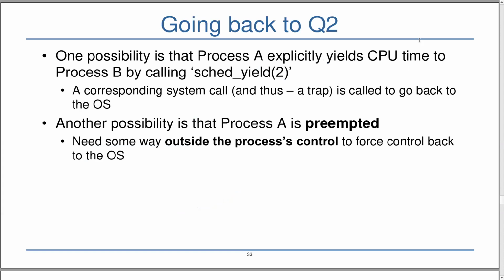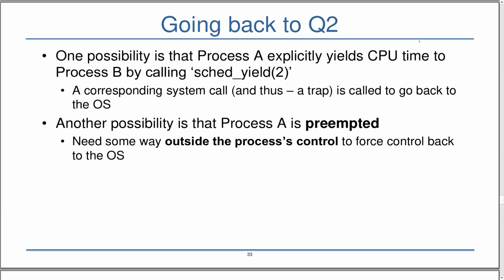We already looked at this. This is the way to go back to the operating system. Specifically, we can call a system call, like sched_yield, and if processes are cooperating, they can yield to each other. They can run for some time, then yield to a different process, and so on. That's one model.